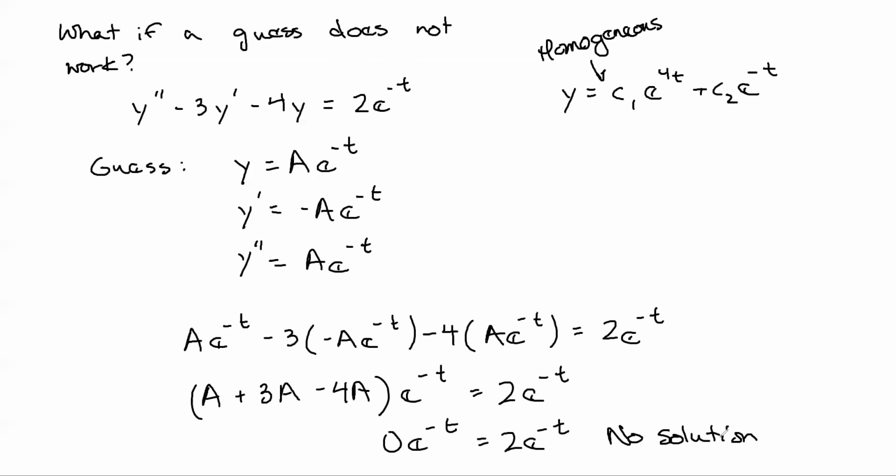Now, what do we do next? Because a constant multiple didn't work, the next step is to try a different guess. We still want to try things that look like exponential functions.